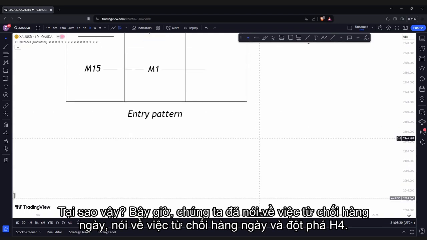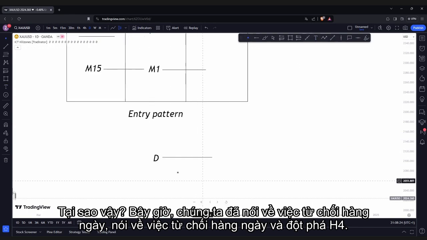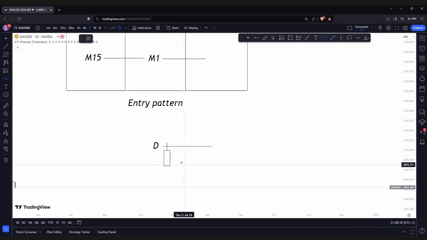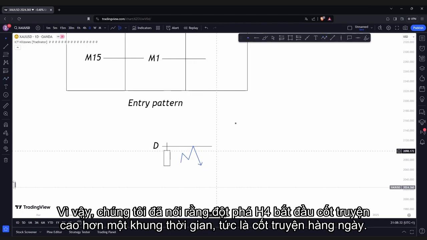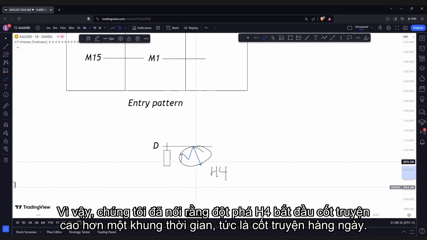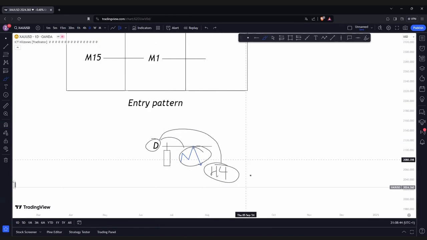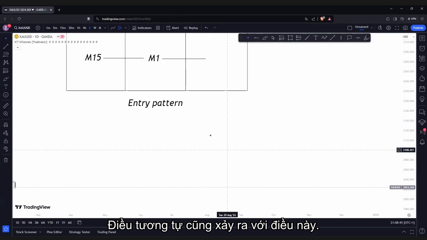Now, we talked about daily reject daily. And H4 breakout. So we said that the H4 breakout starts 1 time frame higher storyline, which is the daily. The H4 breakout starts 1 time frame higher, which is the daily. The same thing goes with this.